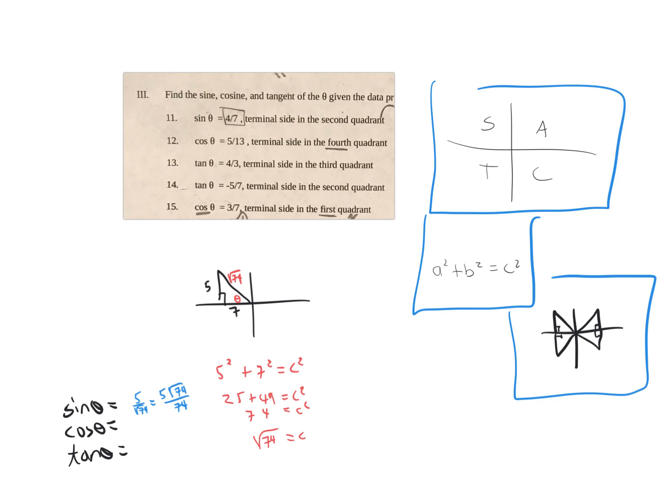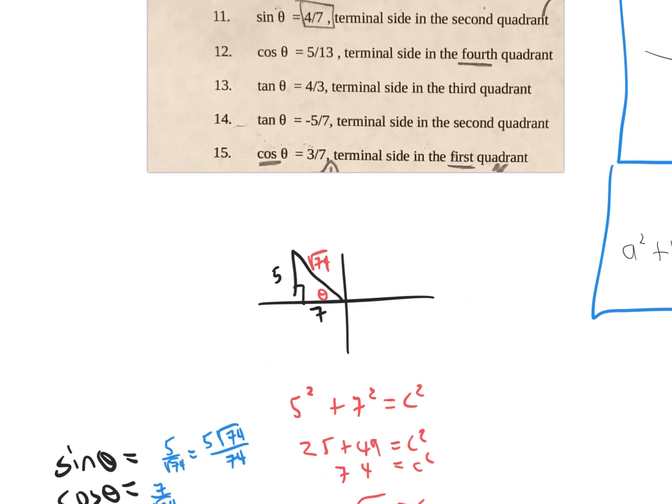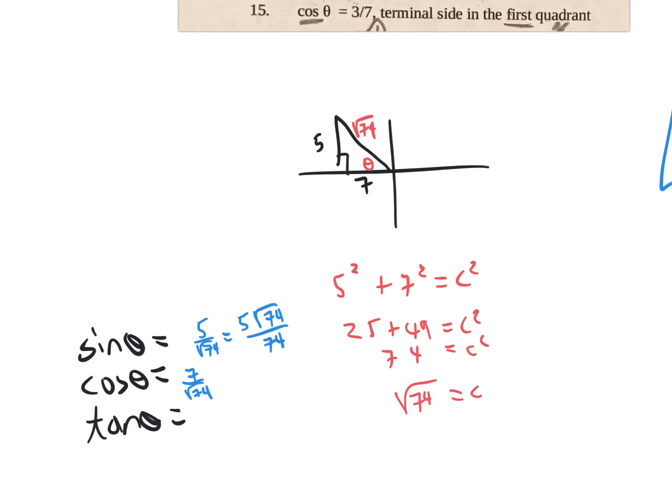The cosine would be adjacent over hypotenuse, so that would be 7 over radical 74. Let's kind of blow this up a little bit. And that would be, after rationalizing the denominator, 7 radical 74 all over 74. And the tan we already have, they made it clear that it's negative 5 over 7.